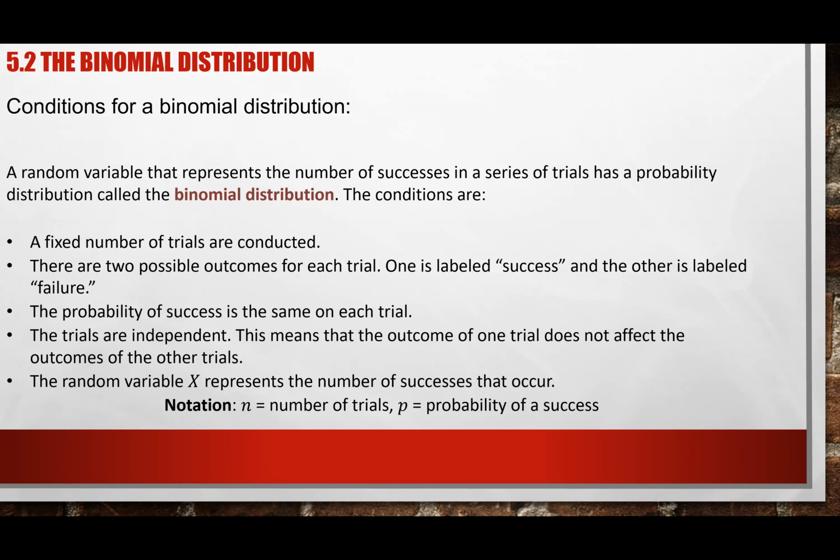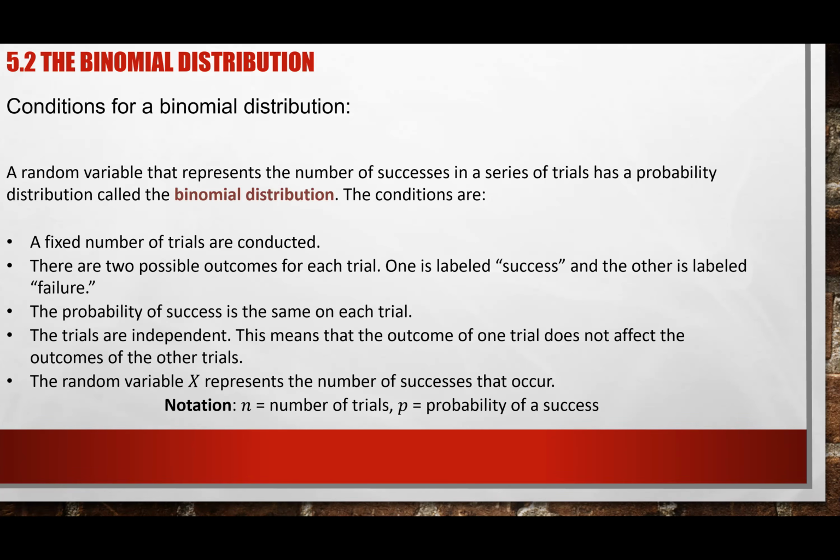Looking at this, there are a few things you will need to identify. You need to identify your X, which is the number of successes that you want, and the N, which is the total number of trials you have. The small p is the probability of a success.